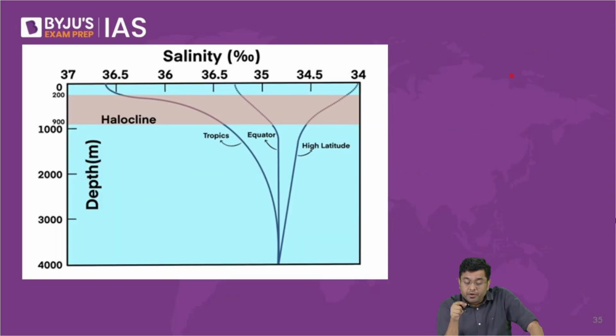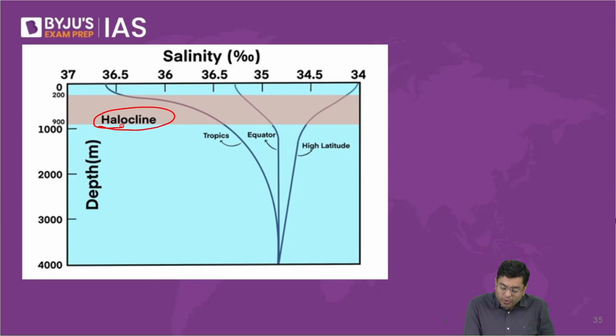That is where you will have that zone of transition, where the salinity tries to attain that consistency at the bottom, which is around 35 parts per thousand. The zone of transition is referred to as the halocline.